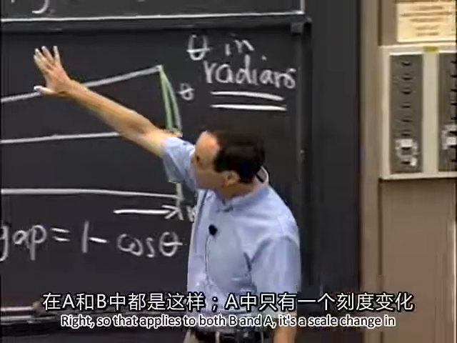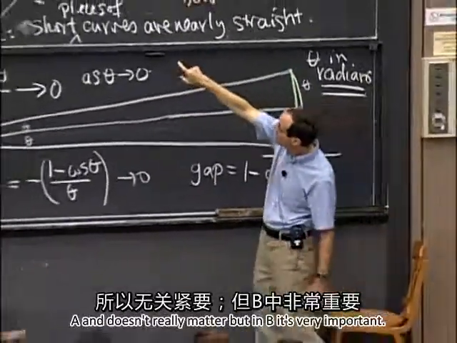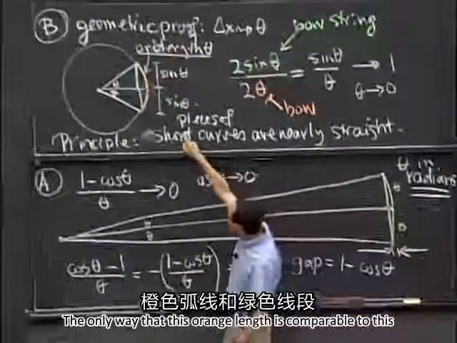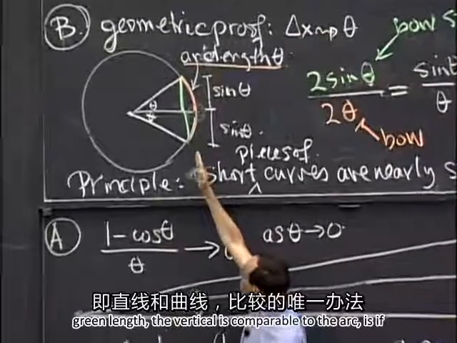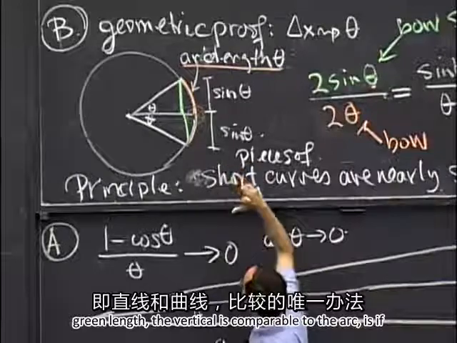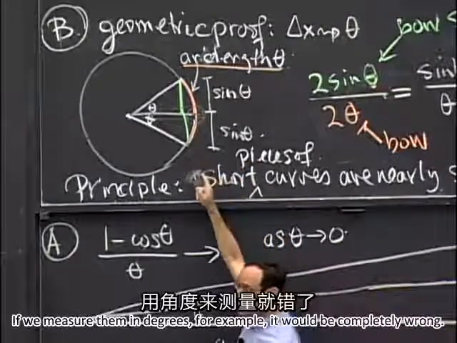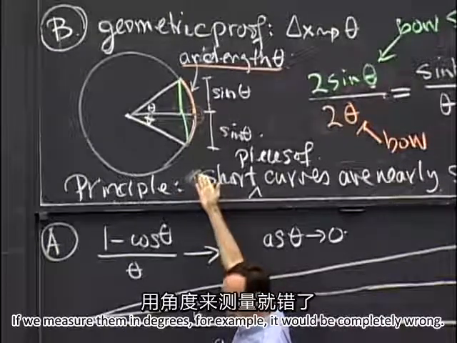So that applies to both B and A. It's a scaled change in A and doesn't really matter, but in B it's very important. The only way that this orange length is comparable to this green length, the vertical is comparable to the arc, is if we measure them in terms of the same notion of length. If we measured them in degrees, for example, it would be completely wrong.